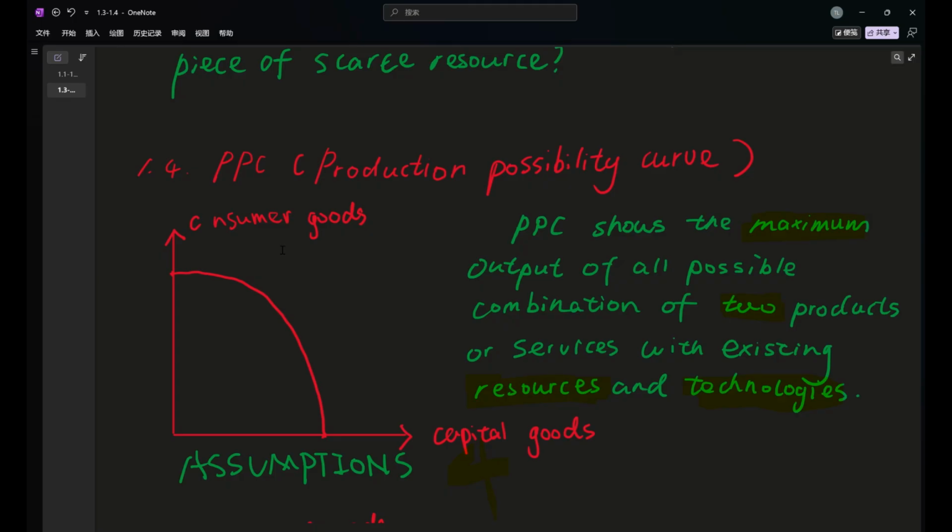They are capital goods, and they are clearly two different types of product. They are often the thing we use in the production possibility curve, because they mainly include all the products in the economy. So they are two very huge categories.